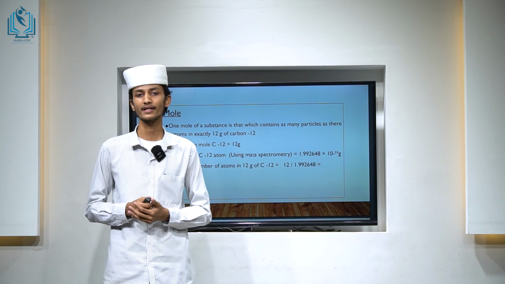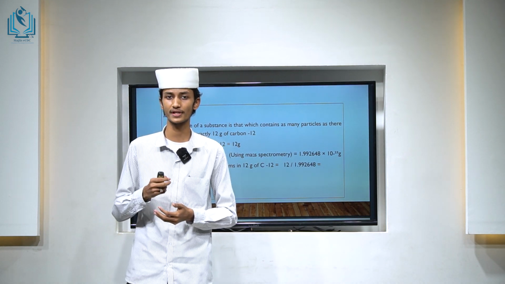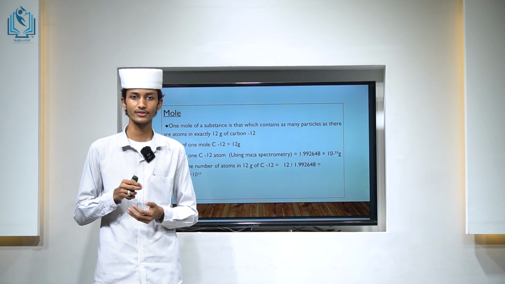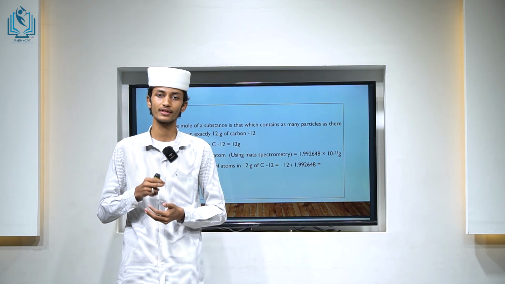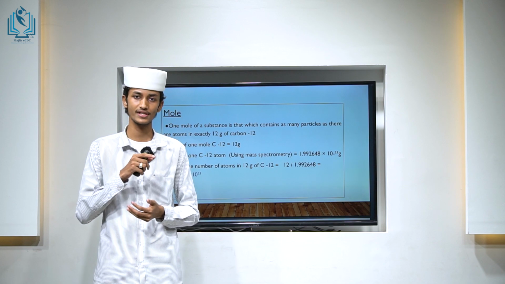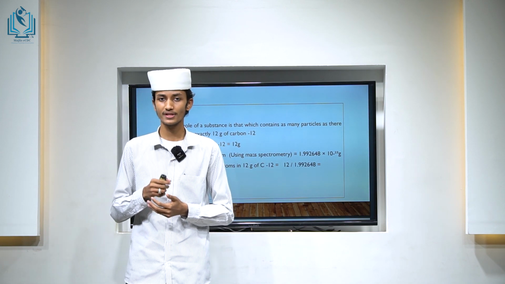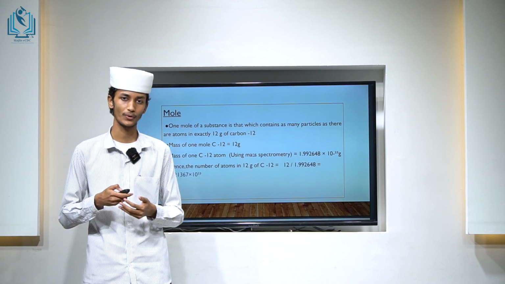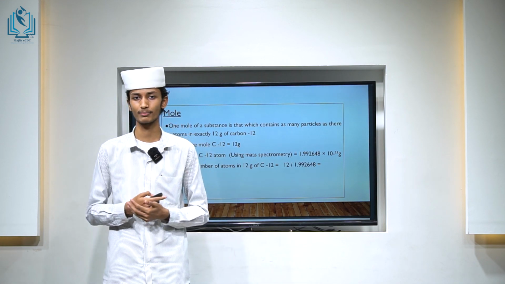Hence, the number of atoms present in 12 gram of C12 is equal to 12 by 1.992648 into 10 raised to minus 23, which is equal to 6.022 into 10 raised to 23. That's the Avogadro number. So in the next topic, let's discuss the Avogadro number.